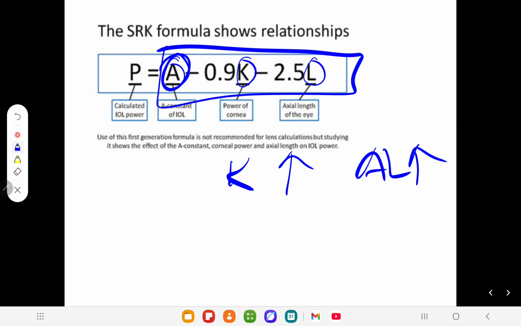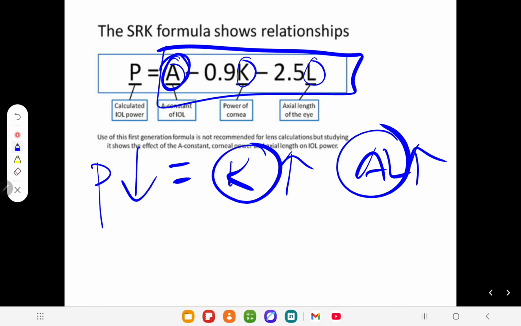What do you mean by that? Isn't it a balancing thing, or is it worse? It's definitely worse, isn't it? K increases, creates myopia. Axial length increases, creates myopia, and the IOL power decreases rapidly, isn't it? So you have to understand it like this.